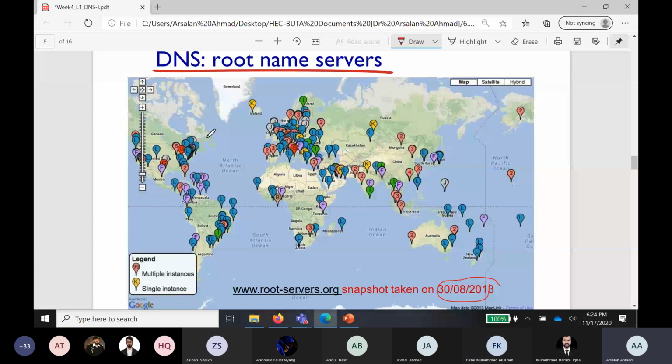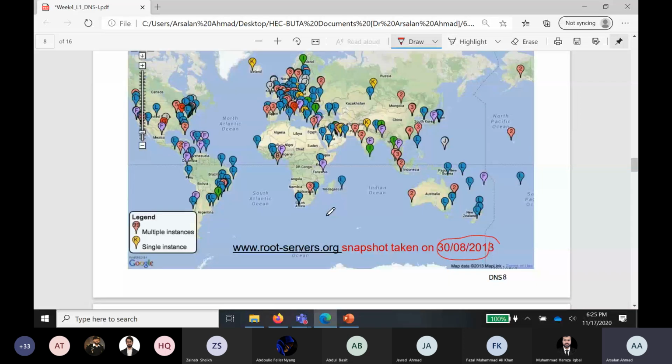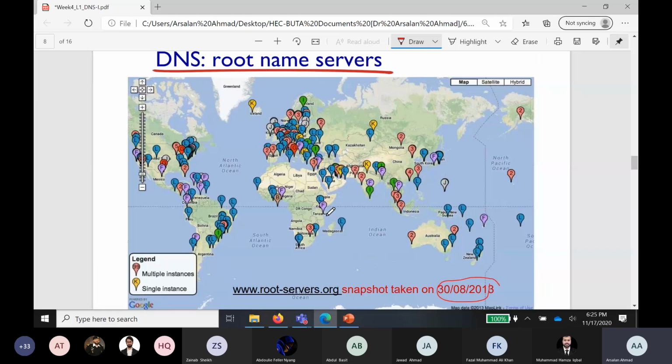And why are there multiple instances? Obviously, it's something which will be used very often by internet users around the globe. We have billions of users using the internet, and you can imagine that all these root name servers, even if we have hundreds of instances, are being contacted by different users around the globe all the time, receiving maybe hundreds of requests every second.